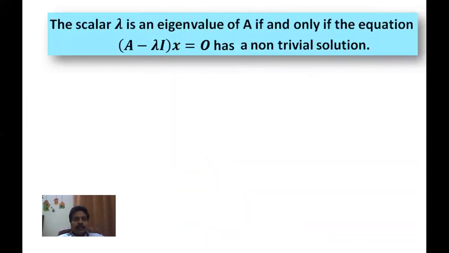This scalar lambda is an eigenvalue of A if and only if the equation (A minus lambda I) x equal to the null matrix O has a non-trivial solution. The equation (A minus lambda I) x equal to O always has the trivial zero solution.